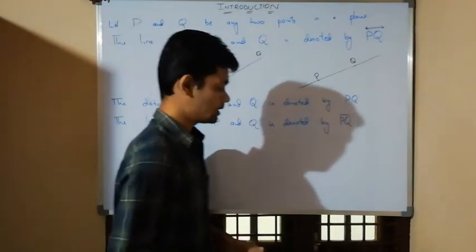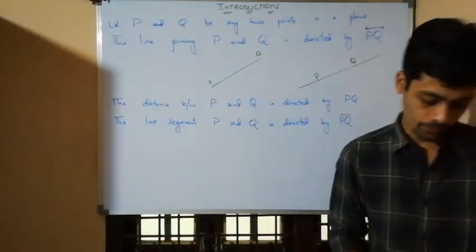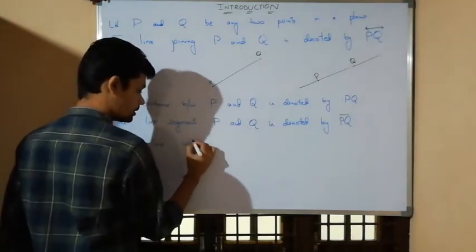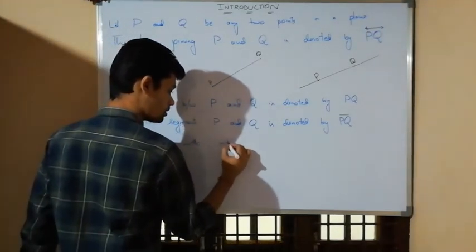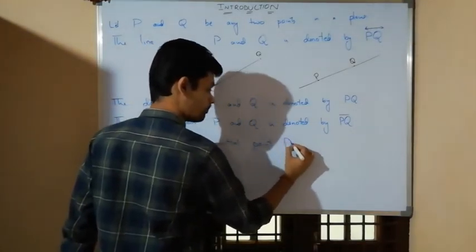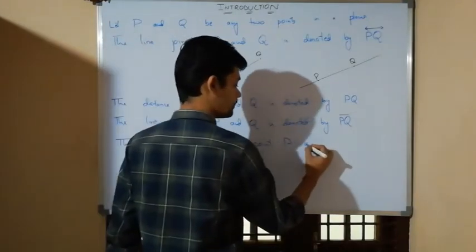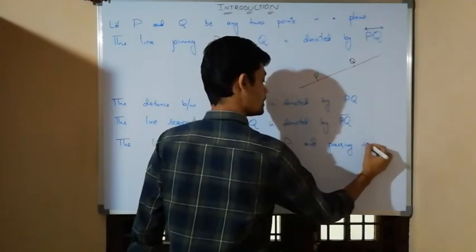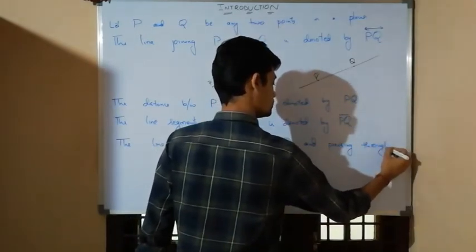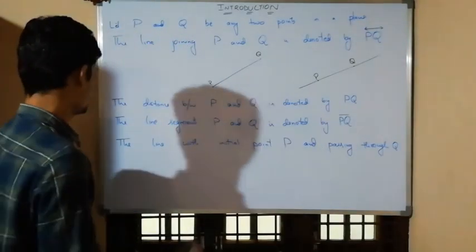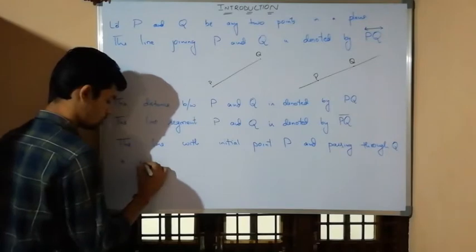Now, the line with initial point P and passing through Q is called the ray.